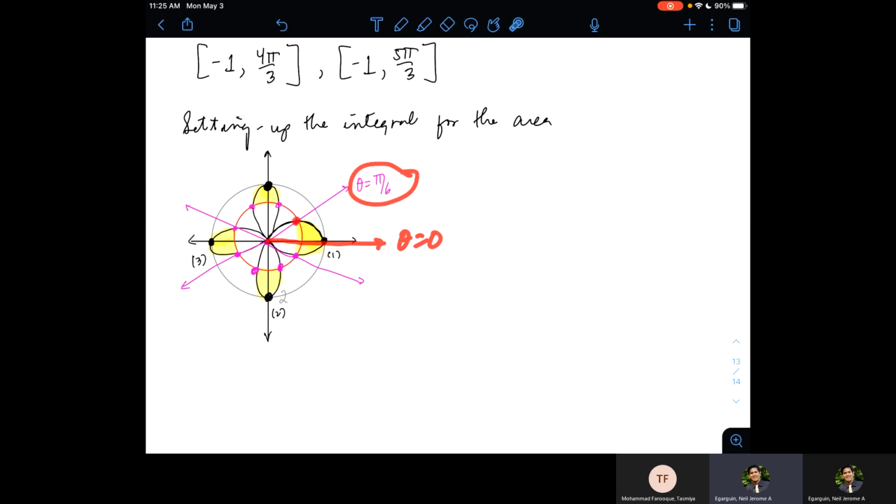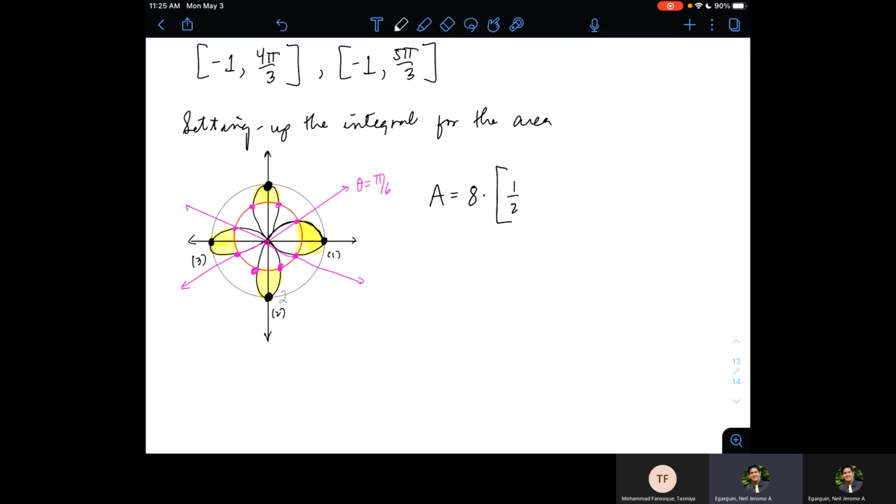I found that angle when I solved for the points of intersection. So I can simply integrate from 0 to pi over 6. That will give me the area of this region here, the red region, and then all I need to do is multiply it by 8 to get the area of the yellow region. All right, that's my plan here. Take advantage of all the symmetry to make it easier, right? So the area will be 8 times the area of, again, this region here, okay?